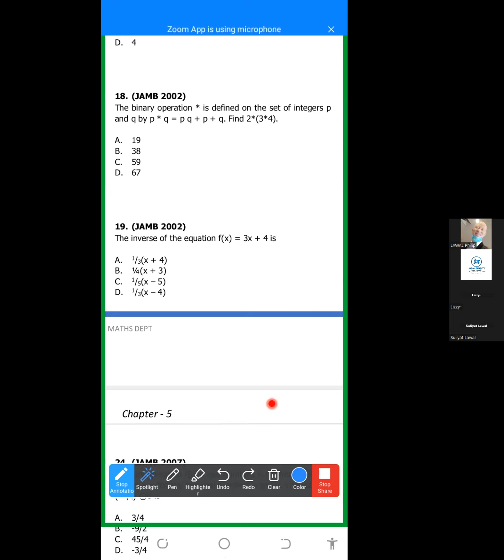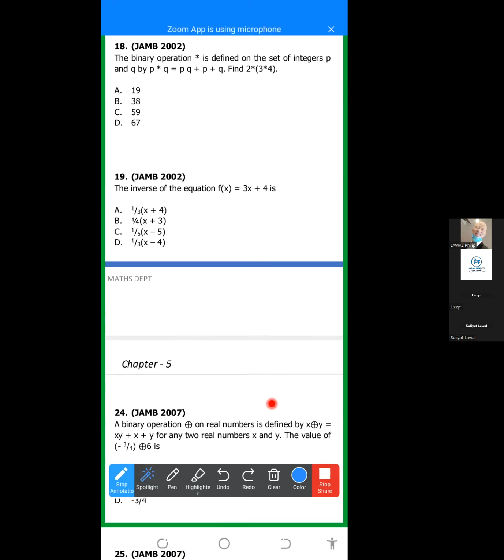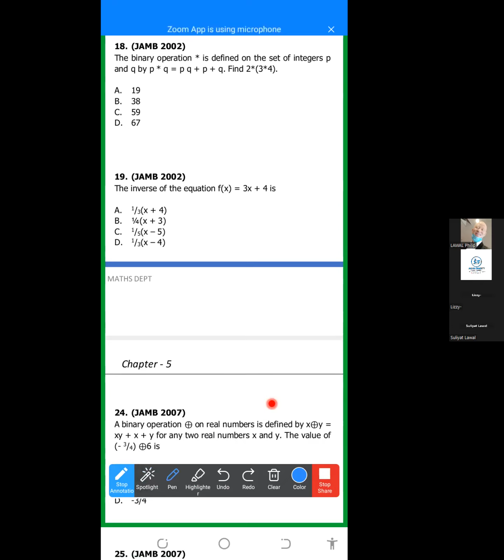The way I'm going to solve this, I want to raise it up a bit so that I can have space to work. Okay, so this is it. I will do 2 star 3 star 4, one by one.